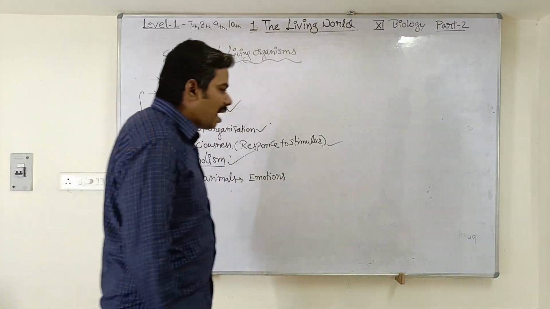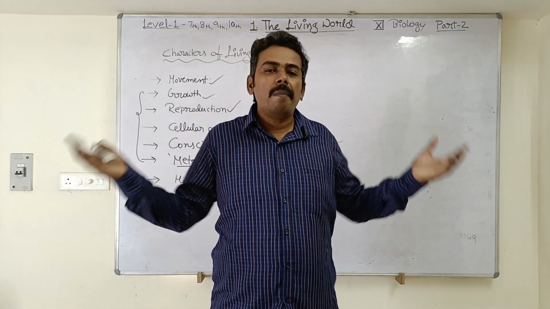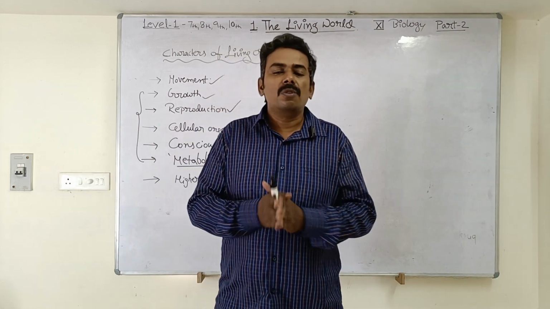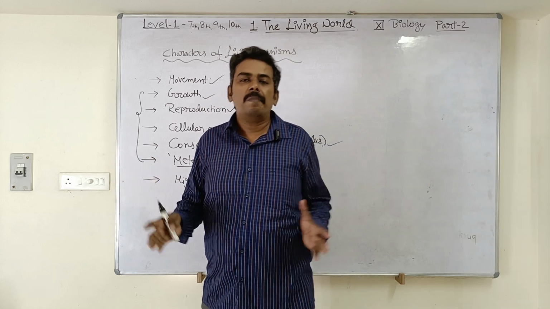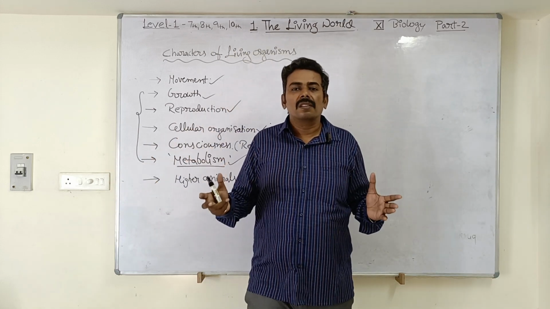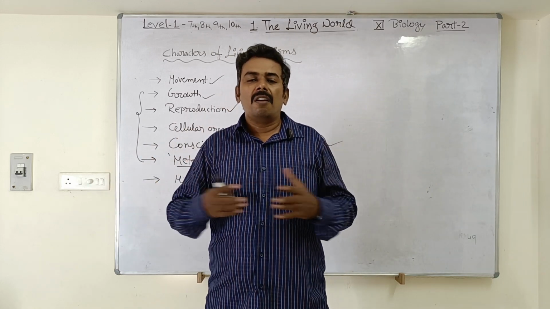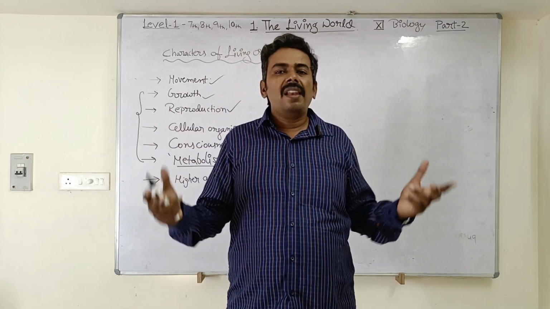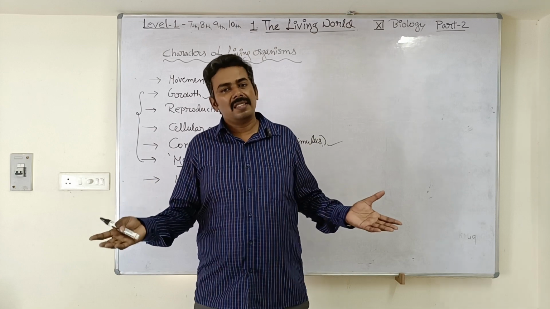Emotions like happiness. I am very happy now, because I got good marks in my exam. I got tasty food, that's why I am very happy. I got to go on a tour, because of that I am very happy. This kind of feeling the non-living things don't have.